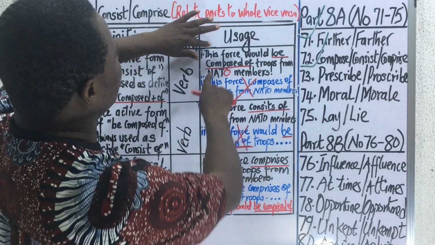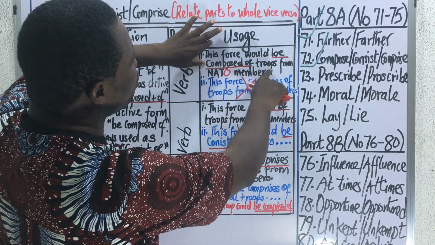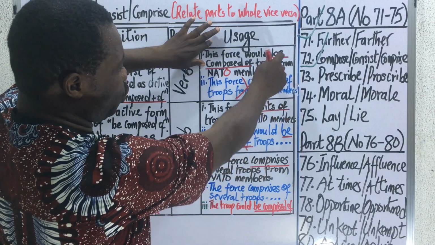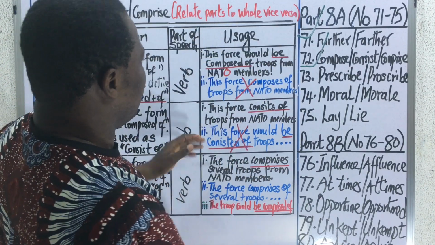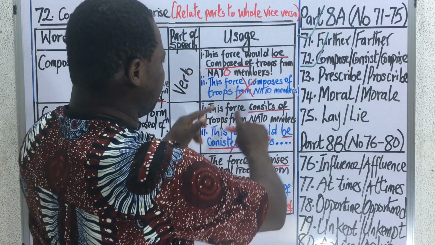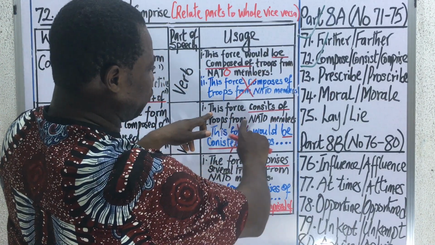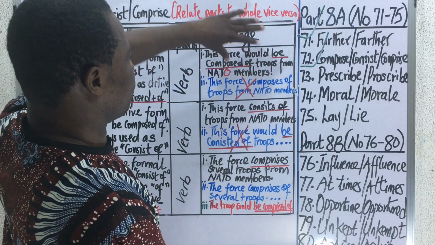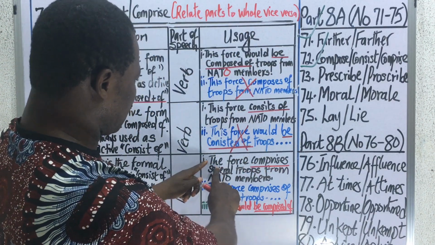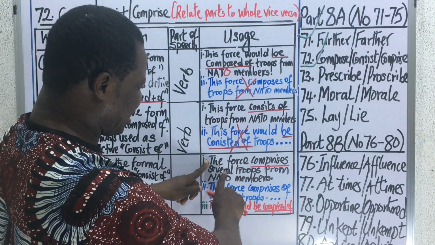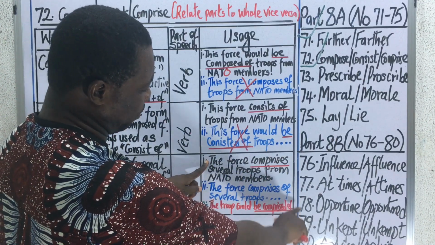Okay, the first one says, this force would be composed of troops from NATO members. Take note, would be composed of, fine. Then if you remove be composed of, you're going to say this force consists of troops from NATO members. Alright, so whereas this is passive, this one is active. But when you're bringing in comprise, we say this force comprises several troops from NATO members.